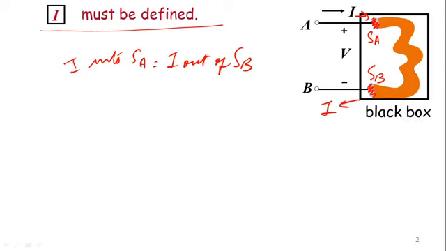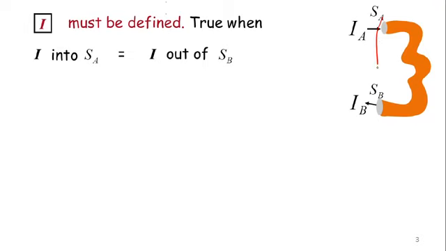Let's take a look at what must be true for that to happen. I'm going to start by putting a little black box around this filament so I can look at the total amount of current coming in and apply Maxwell's equations to figure out under what conditions the I going in equals the I coming out. I'll call the current going in IA and the current coming out IB. SA is the A surface and SB is the B surface of my filament.